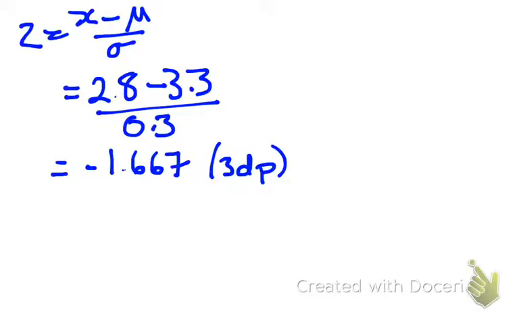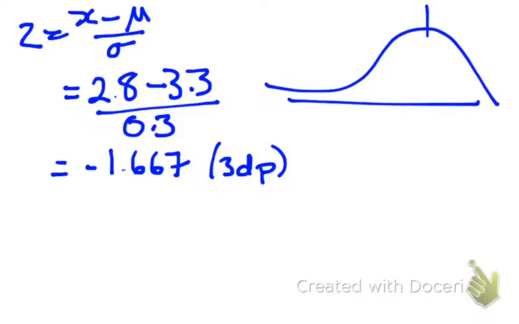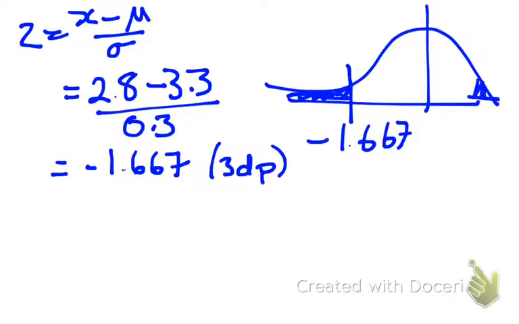Okay, so now we've got to think about, well, what does that mean? That tells us that we're trying to find the point with that tail area where the z value is negative 1.667. That will be the same size tail area as the one for the positive value of 1.667. Because of symmetry, we can reverse that too.